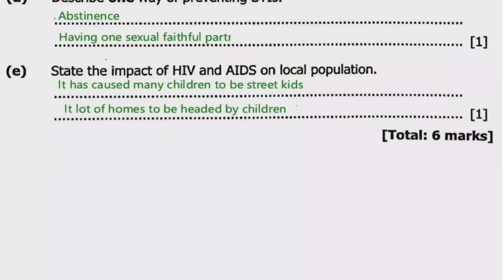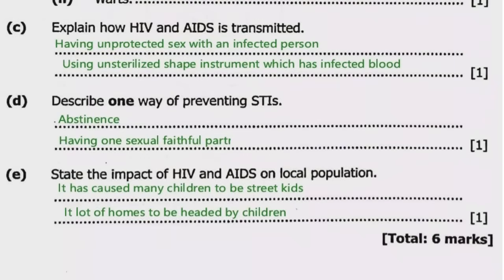Because the parents are sick, he can make fritters, go and sell and feed the family, something like that. So it has made that situation because parents are sick, they are not able to work. Okay, so basically those are the answers.